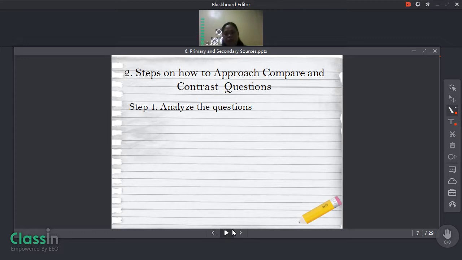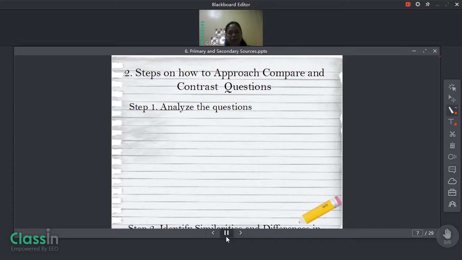For example, the students are asked to differentiate two critics or two writers. So students must focus on the different opinions or different views of those writers or critics.